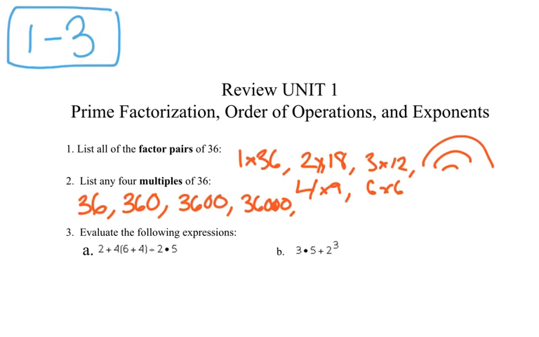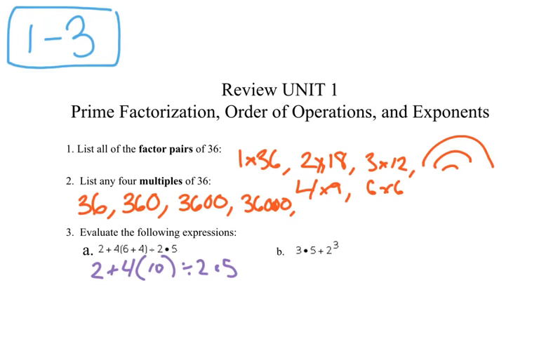Alright, next problems. These are GEMDAS problems, so we got to start with our grouping. 2 plus 4, 6 plus 4 is 10, divided by 2, that big dot means times 5. Well, there are no exponents, so I'm going to move on to multiplying.